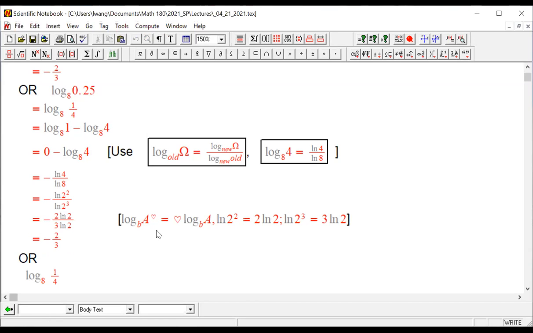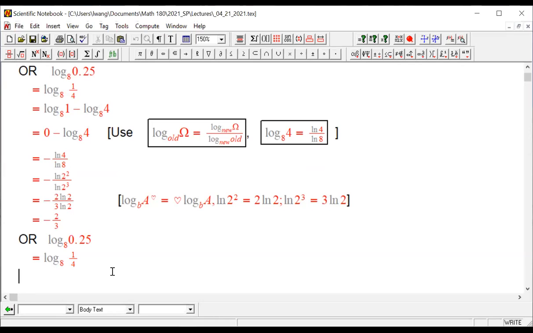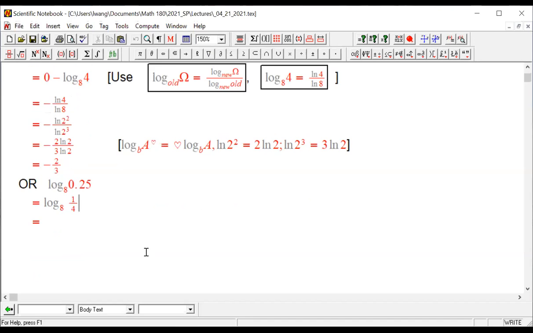Here I'm going to show you how some basic manipulation will get this done. You don't need to remember the fancy change of base formula. If you totally go blank on it, that's okay. Even in that case, you can get this done. So I'm going to show you how that can be done.